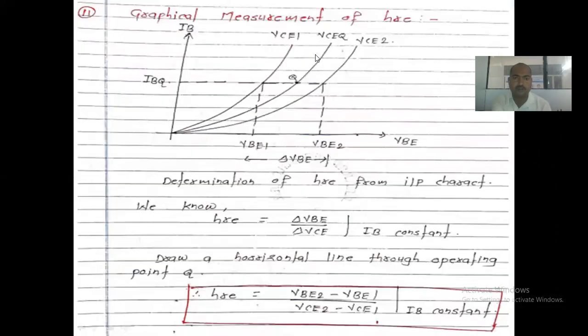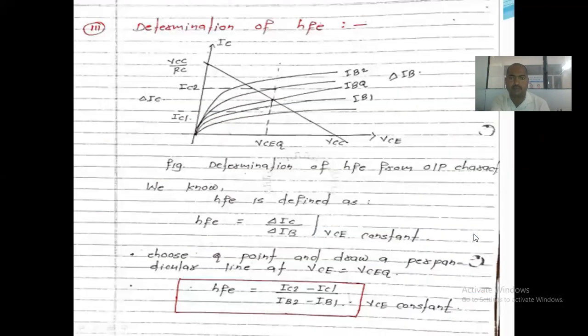In case of your output, VB versus IB is related to the input parameter, right? So we require the parameter which should be related to the output. That's why we don't do the same thing with respect to the input parameter. That's why we determine HAP with respect to the output thing, that is VC versus IC.